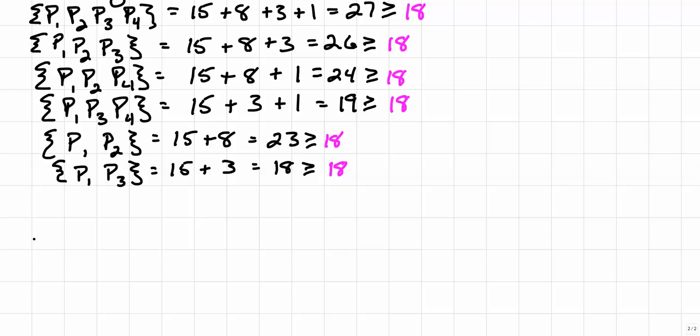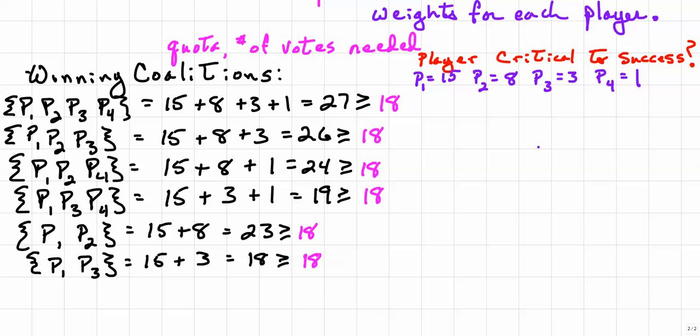So the first thing I do is list the first coalition. So now we determine which one of these players are critical to the success. Well, we'll notice that in this winning coalition, player 1 is the only one that is critical, because we need player 1 in order to get through. So that is critical. But then we realize that 15 by itself doesn't get me to 18.